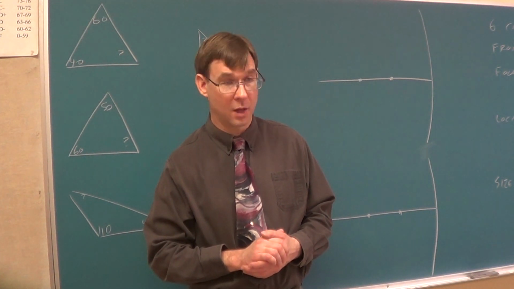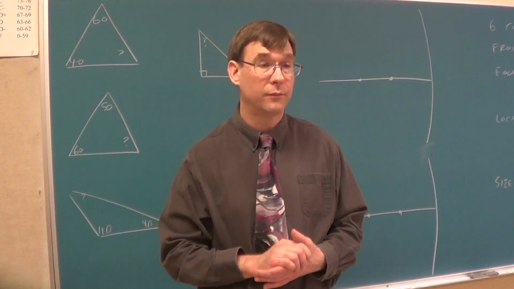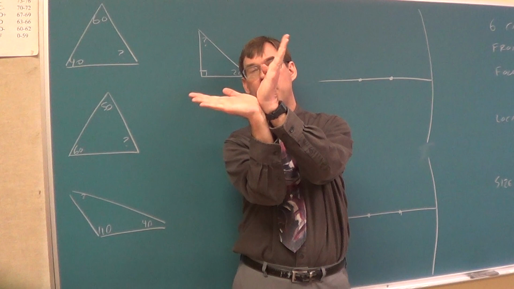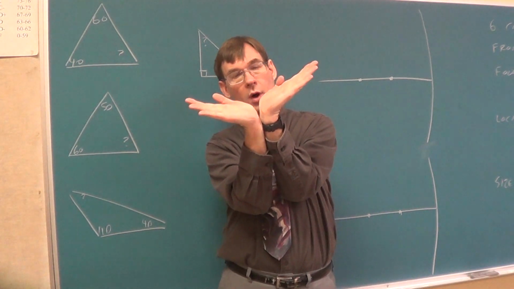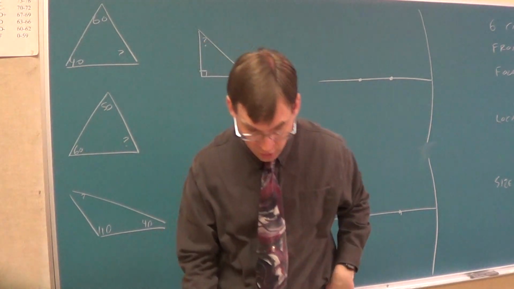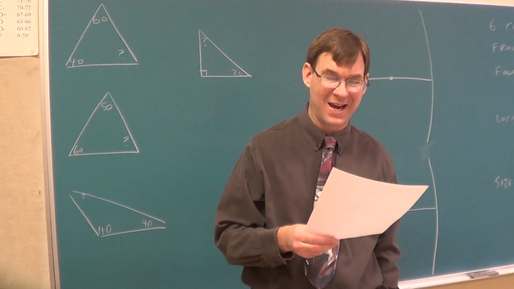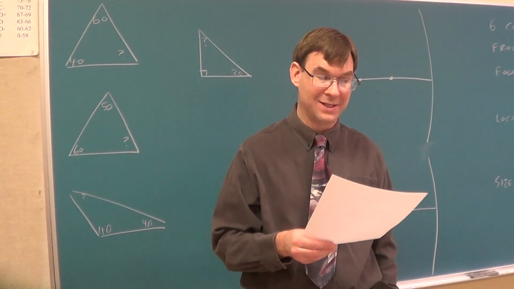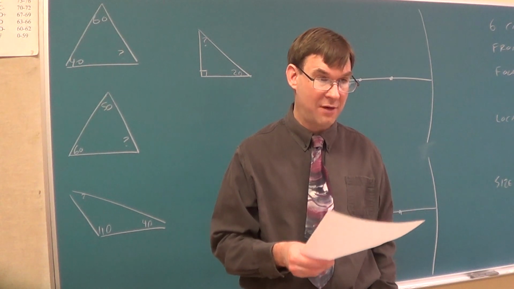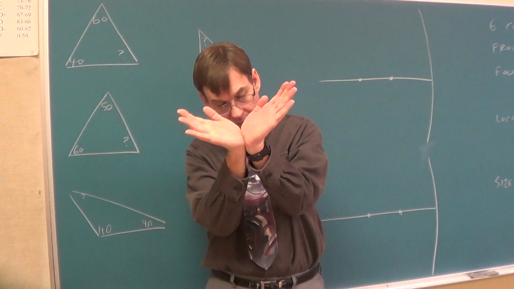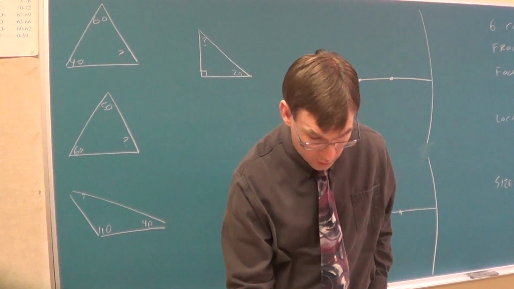Over 90, but less than 180. So that would be an angle that we're going to open up wider than what a right angle is. So one example of an obtuse might be from like A to O to H. If I traveled from A to O to H, that's opened up really wide. That would be an obtuse angle.